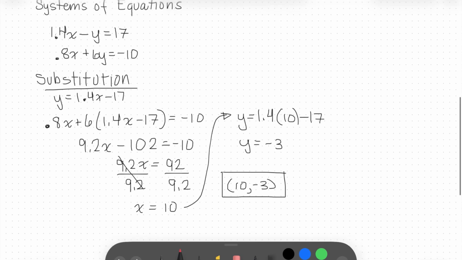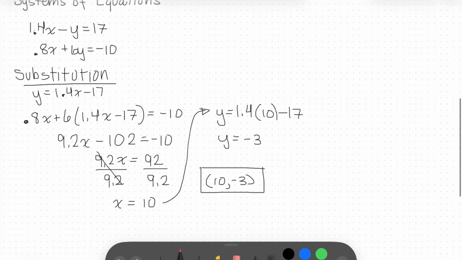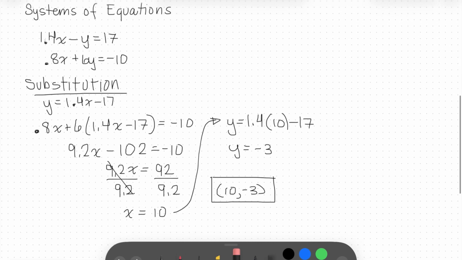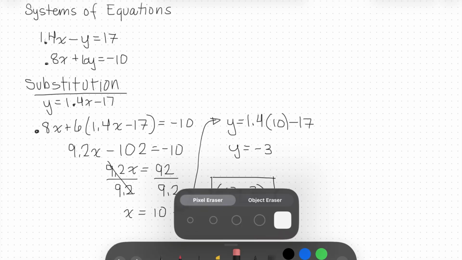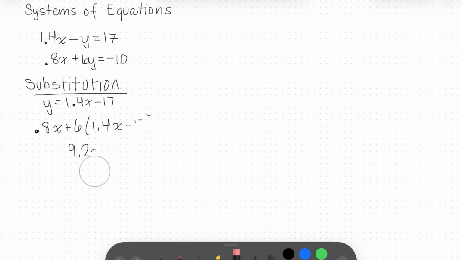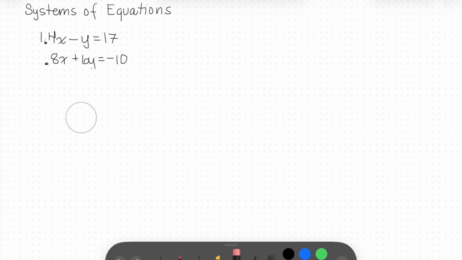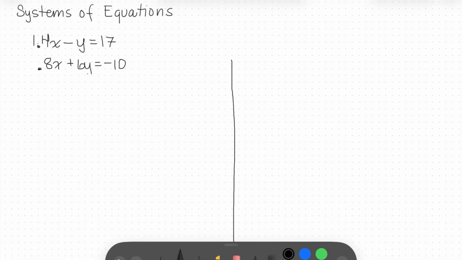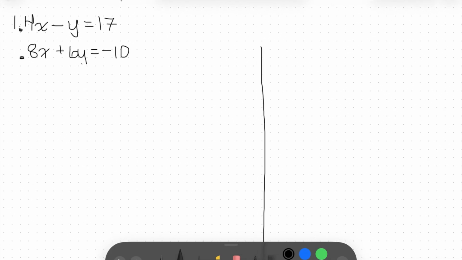So let's erase this. And we're going to get ourselves a graph, okay? Let me make this a little bigger.